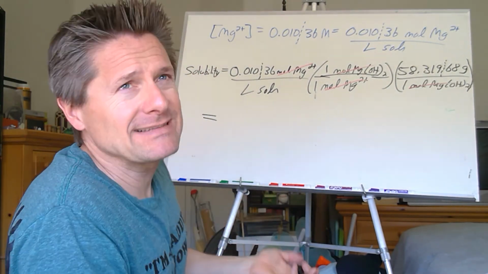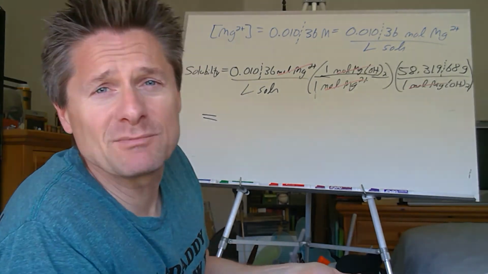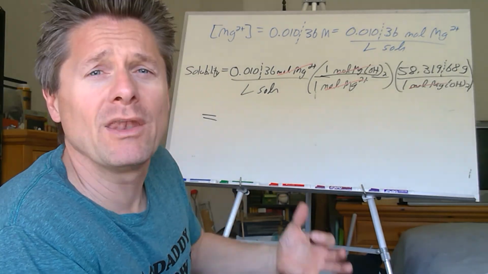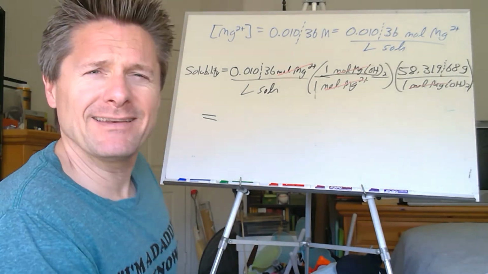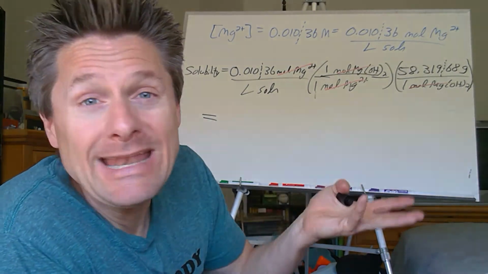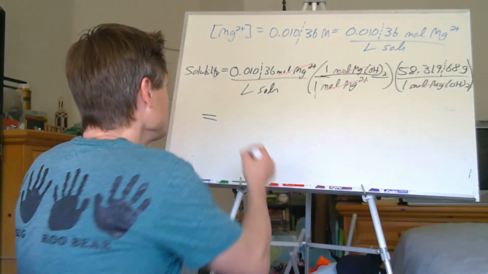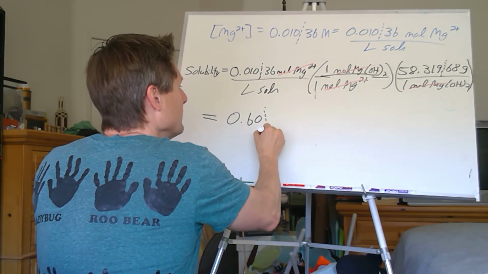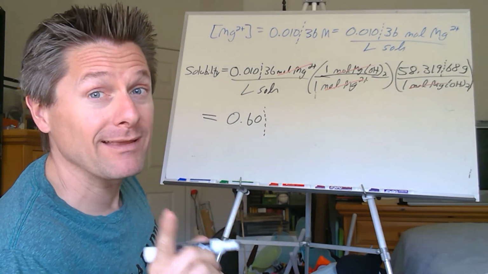Pretty. It's kind of weird. We're so used to really big and really small numbers, 10 to the minus 10, 10 to the 14th. When we get a number close to 1, we kind of just go, you can get any number. You don't know, right? So I get 0.60. Again, that leading 0 does not count as significant.